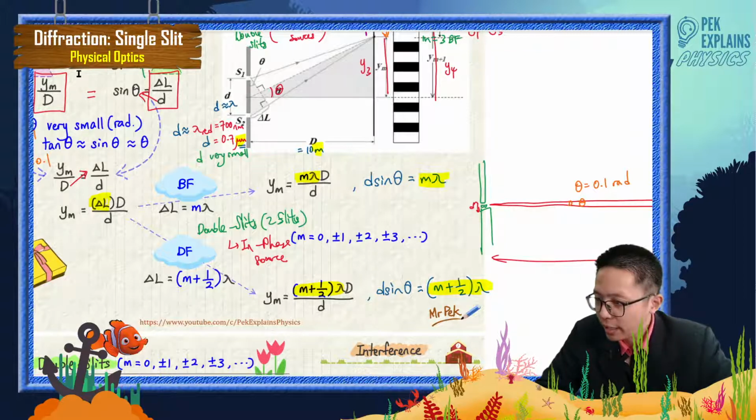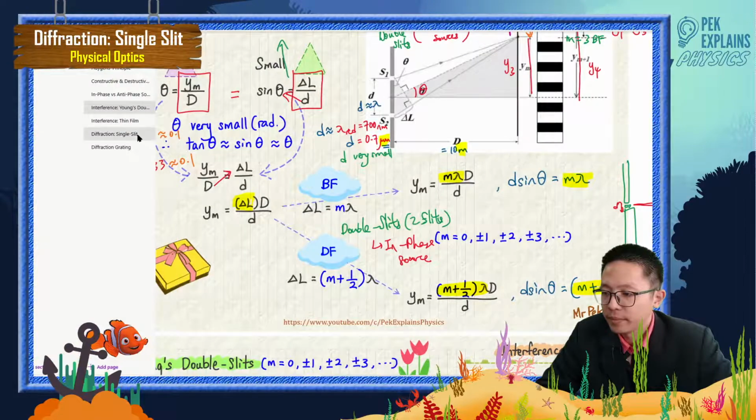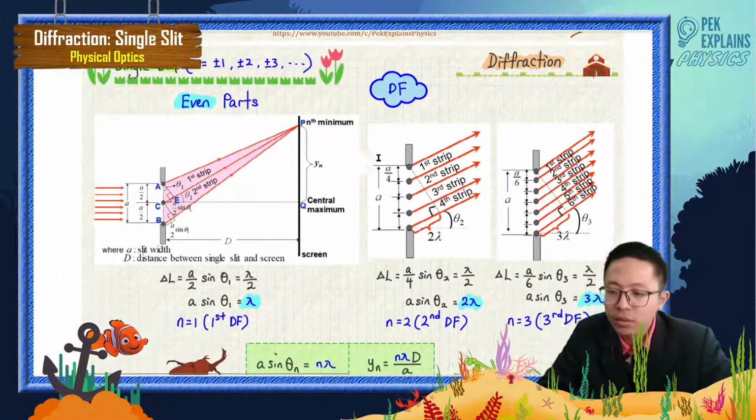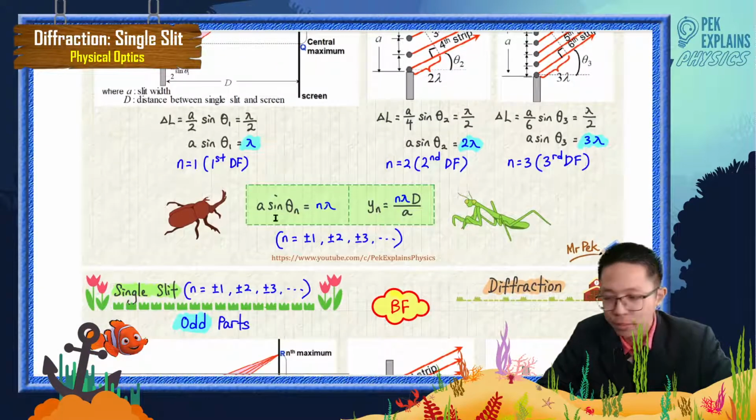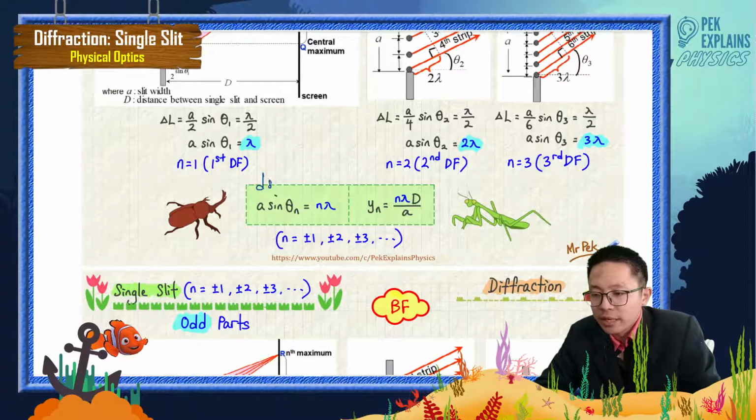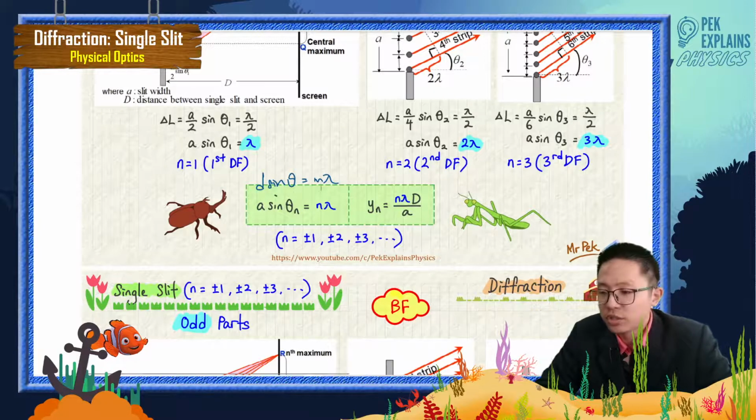So now if you look at single slit, it also has almost the same formula. Last time we used d sine theta equal to m lambda. Now we just change the alphabet: from d become a, from m become n.